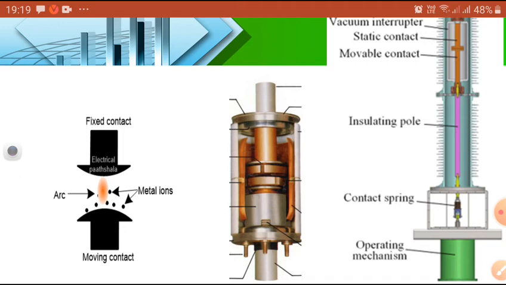This process takes place when the current is enormous, that is, under short circuit condition. The current is very, very high, and whatever current is flowing through the two contacts, suddenly we are opening. At that condition, the contact area reduces but the current density increases.